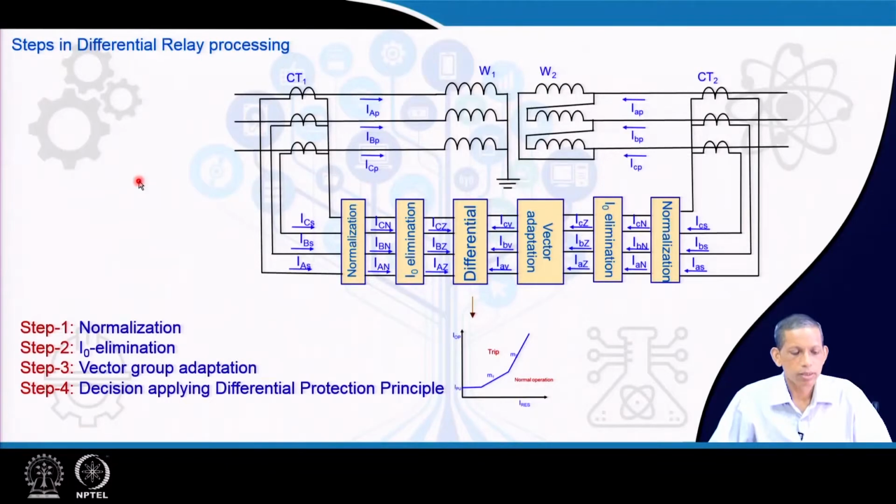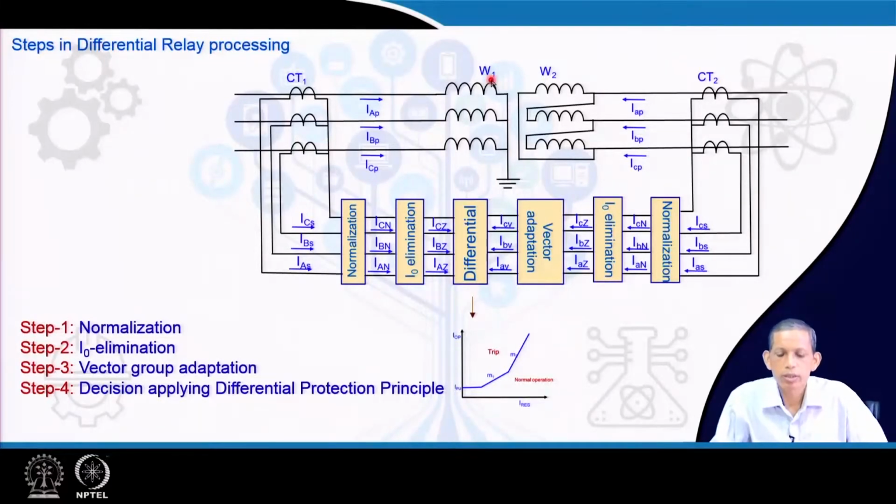Overall, the differential current processing, the corresponding characteristic which we have talked about for calculating the operating current and the restraining current, and making a judgment whether the operating current is above the characteristic or not, is obtained through different steps of processing of the currents available from the CT.